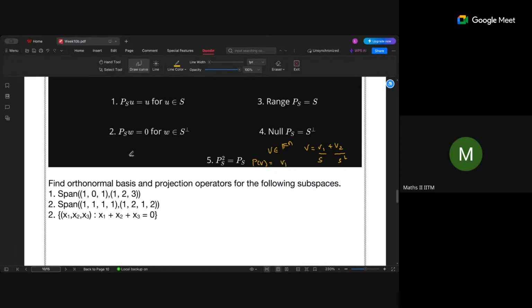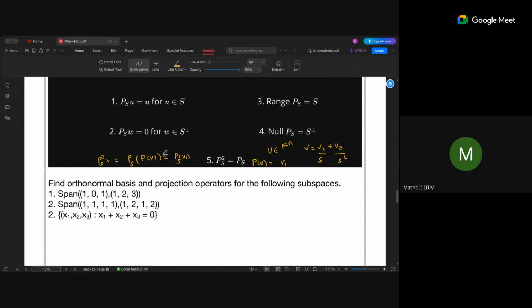Now what is P square V? That is P of V1. But what is P of V1? Can anyone tell what is P of V1? Projection of V1 onto S. Come on, its answer is here.